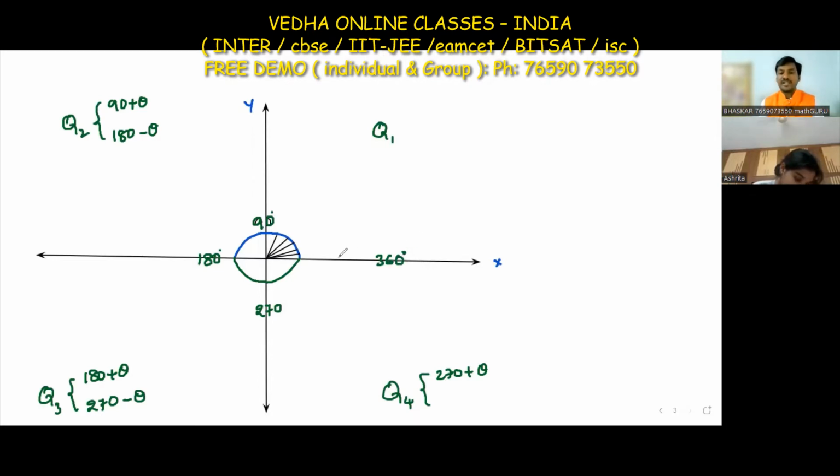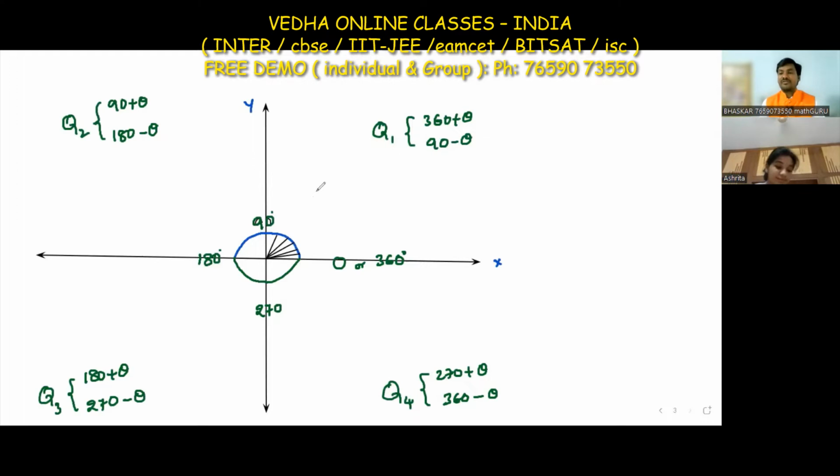Either 0 degrees or 360 degrees lies on the positive direction of the x-axis. 360 minus theta is in the fourth quadrant. If the angle is more than 360, 360 plus theta, it is in the first quadrant. And 90 minus theta is in the first quadrant.